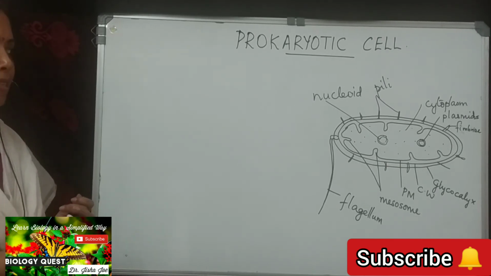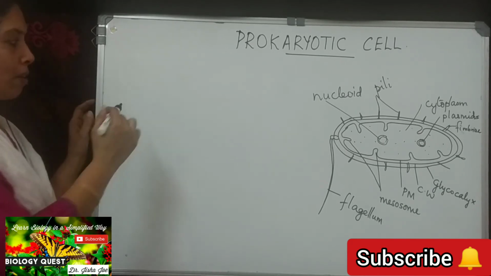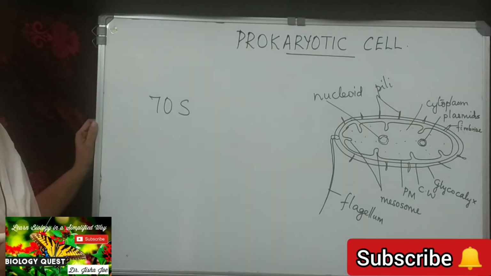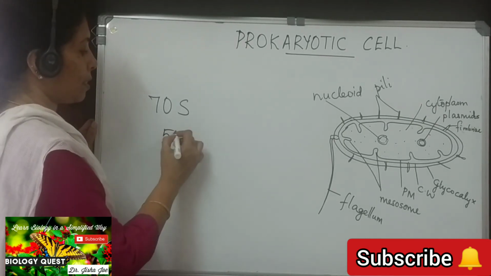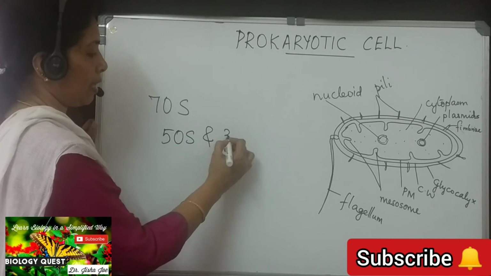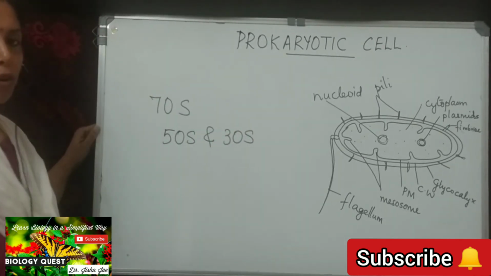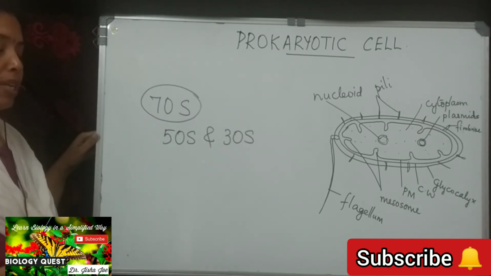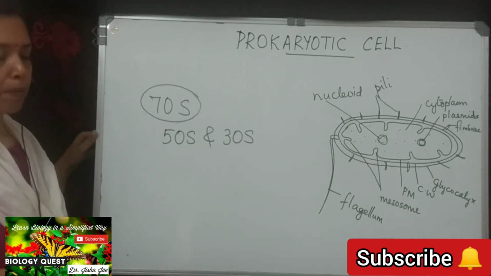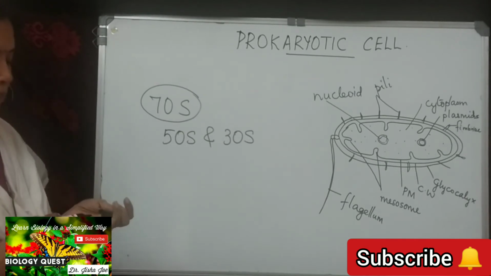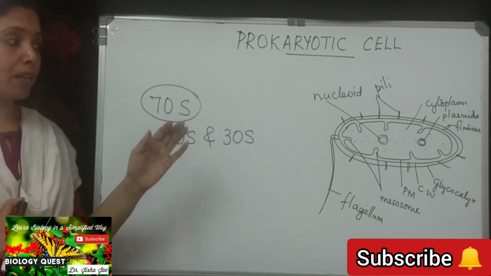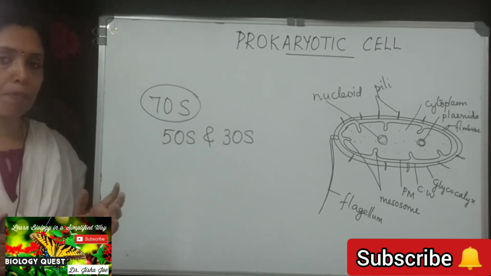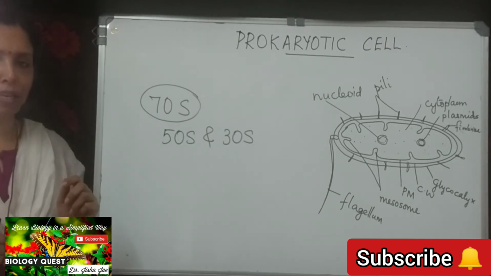The ribosomes present in bacterial or prokaryotic cells are the 70S ribosomes, which are formed of two subunits. The two subunits are 50S and 30S. Ribosomes in prokaryotic cells may be seen associated with the plasma membrane or in the cytoplasm.